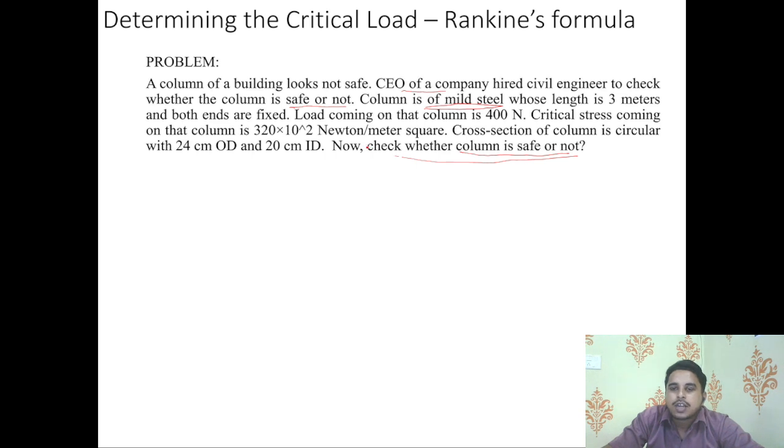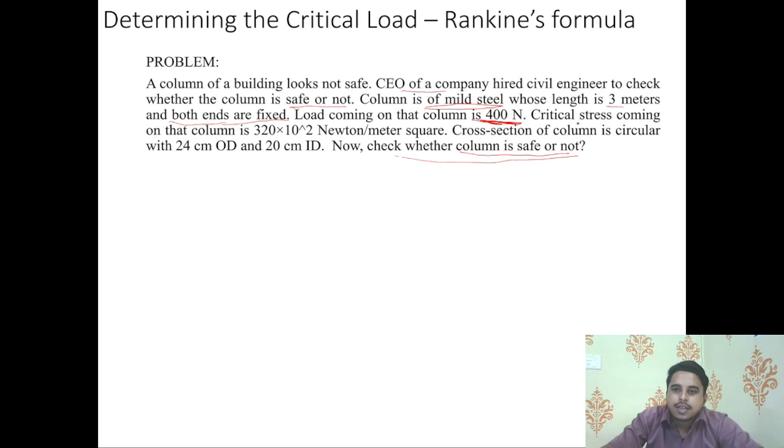So the corresponding values we have to remember. The column is of length 3 meters and both ends are fixed. These are the end conditions. The load coming on the column is 400 Newton. Because of this 400 Newton force, is the column safe or not?